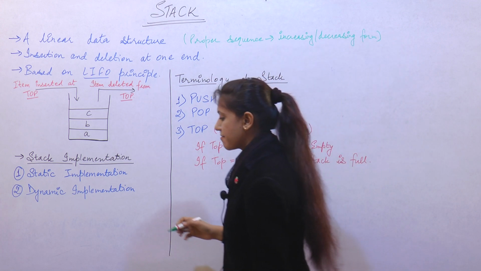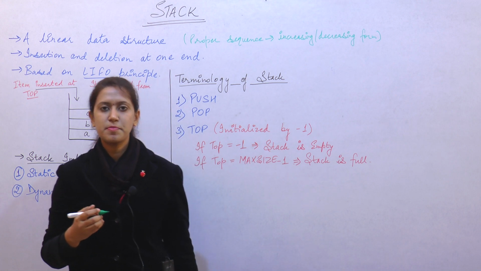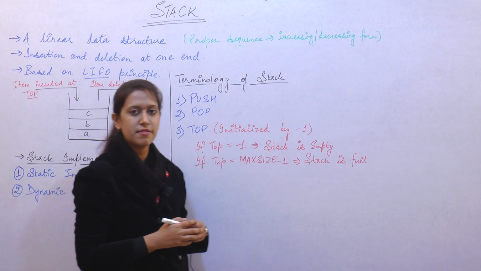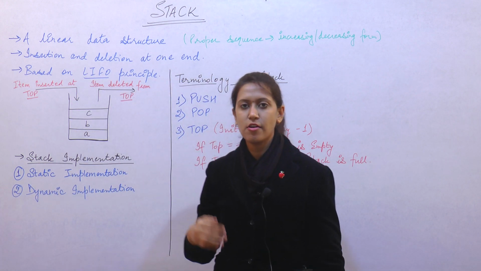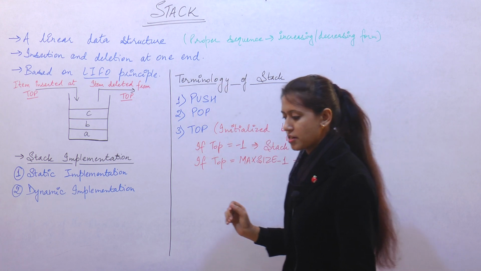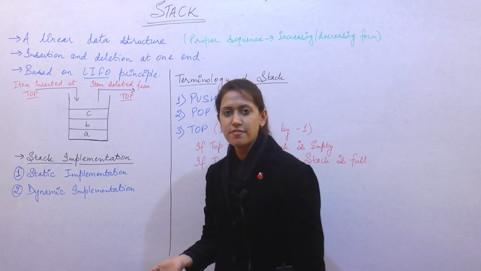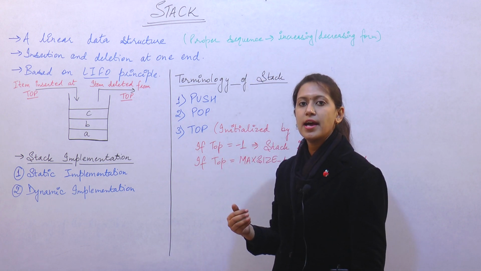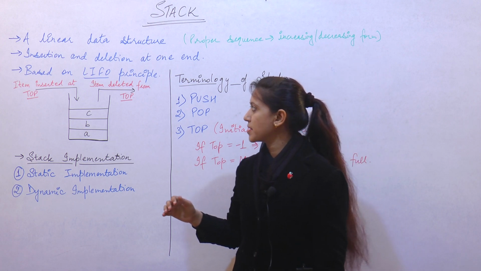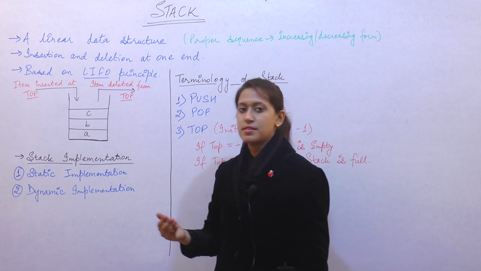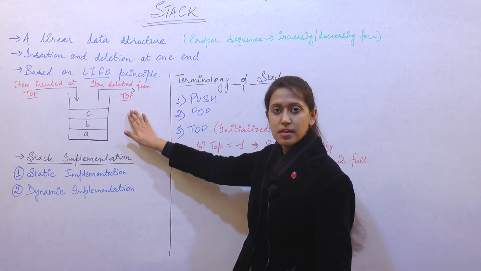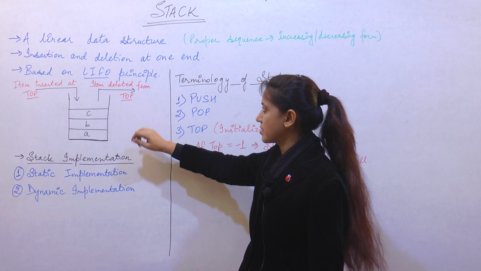So data should be represented or stored in a proper sequence, either in increasing or decreasing form. That's why we call stack a linear data structure, because in a stack we represent our data in a proper sequence. We will study how we store data in a stack in a proper sequence using an example.